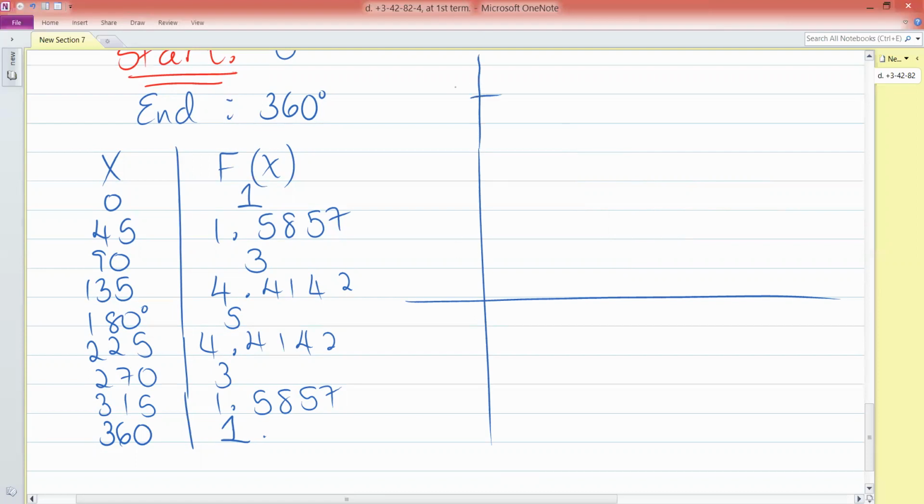I'll make that 5. So first point is 0 and 1. Then the next one, and we're going up in 45s. So 45, 90.